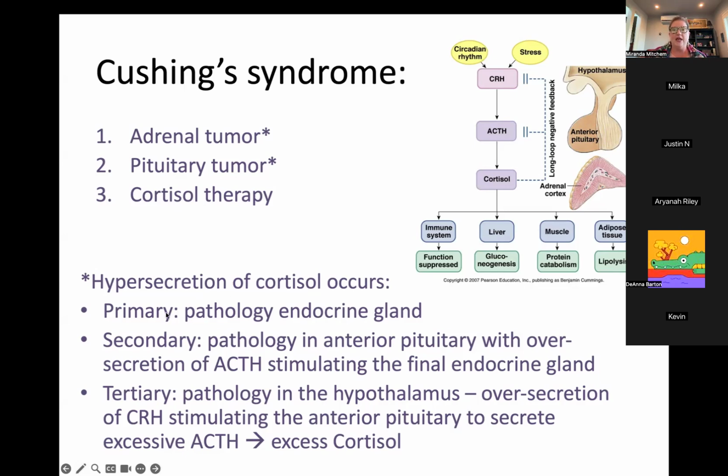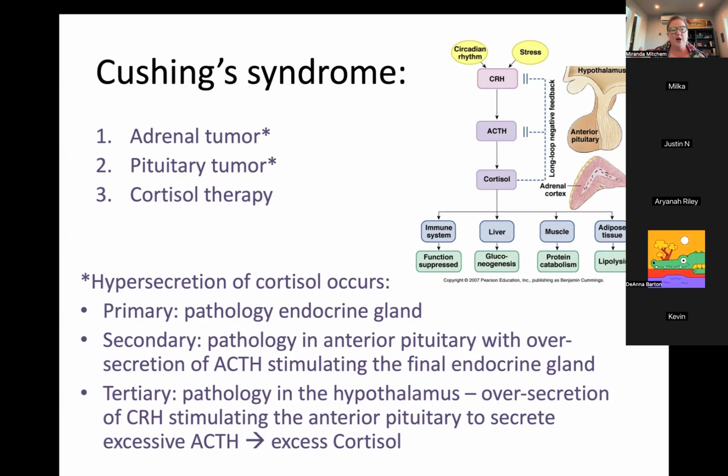Primary pathology is always at the gland. So we're talking about down here, the adrenal cortex, and the outcome is producing that cortisol, leading to all these effects. Tertiary is always the hypothalamus. So it's going to affect the amount of CRH, which then affects the whole pathway.